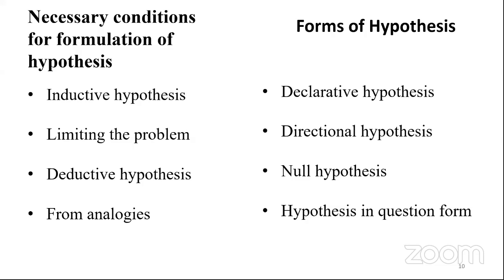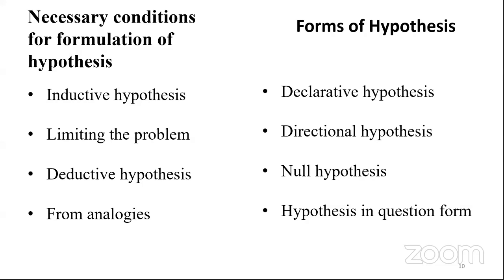So basically, when you want to deduce the hypothesis inductively, after making certain observations of behavior, you have a certain research project from the previous experience, and you have made all these observations based on it.